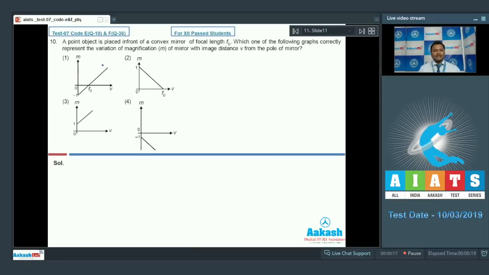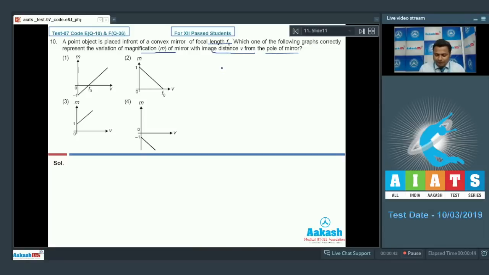A point object is placed in front of convex mirror of focal length f0. Which one of the following graph correctly represent the variation of magnification m of the mirror with image distance v from the pole of mirror? So in order to plot the graph between magnification versus image distance v, we need to find out the mathematical relation in between them.